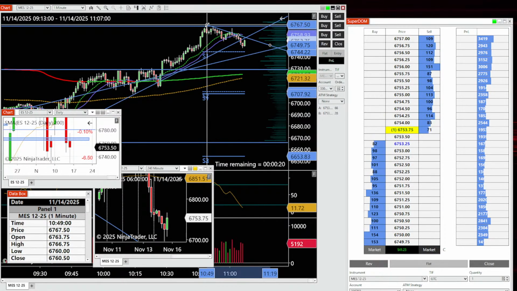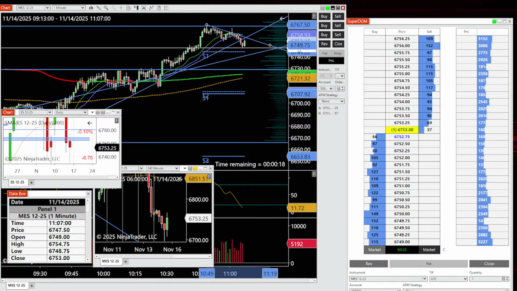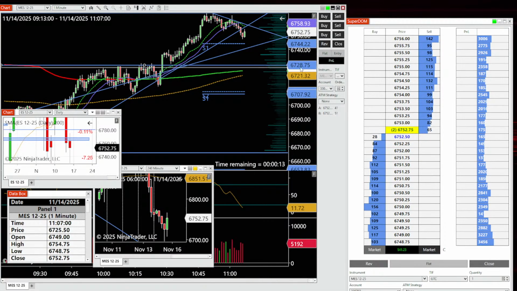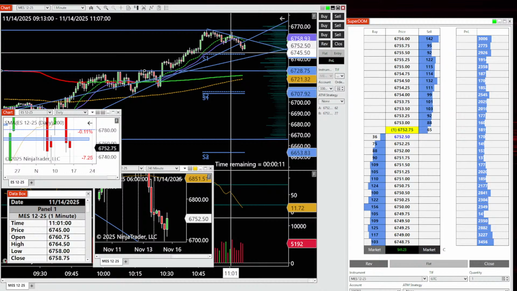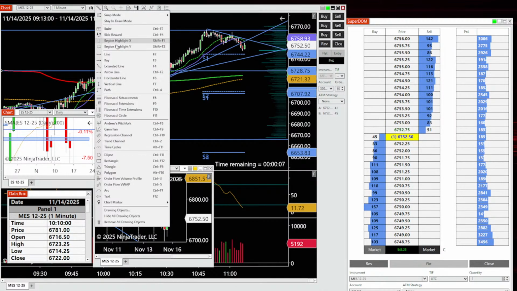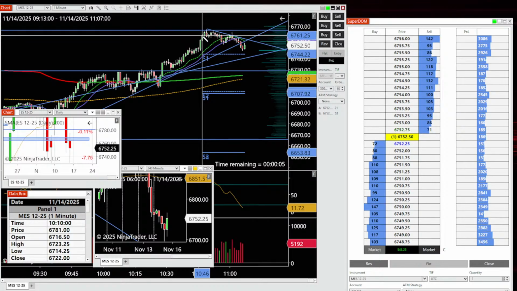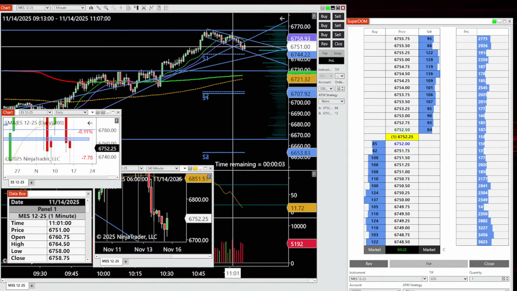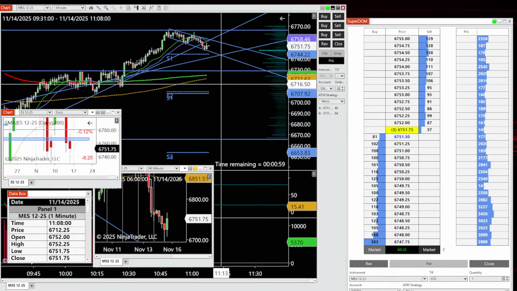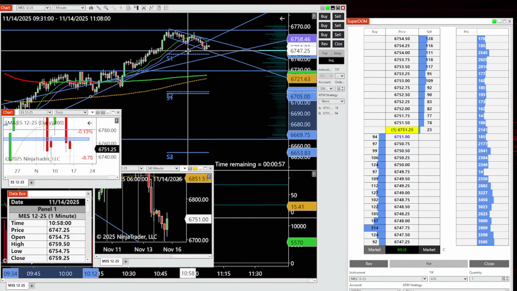I mean, that was a little pop, but this is the trend here. Okay. Now, do we get a minor downtrend going on here? I'm going to move this out the way.